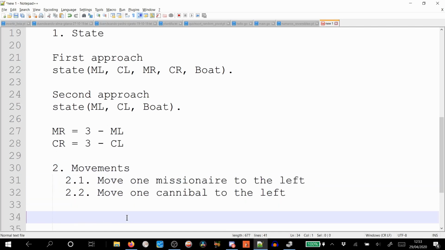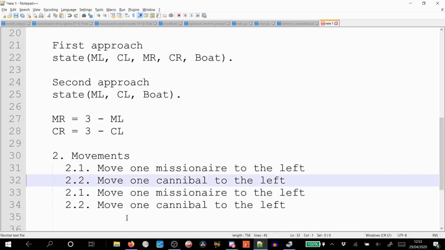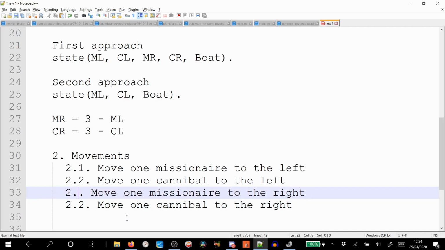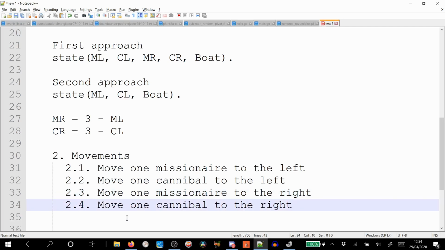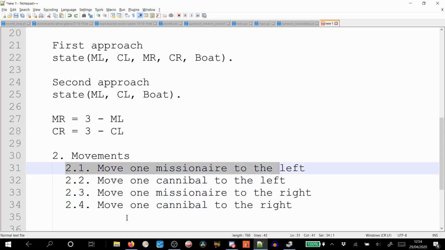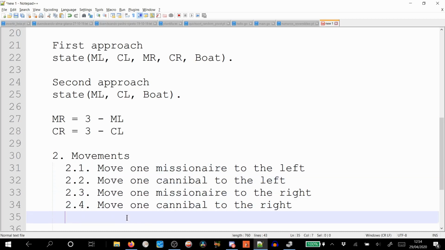No, it will be another movement. Move one missionaire to the right, and so on, no? And the same with 1, 2, 2, 3, and 4, and move 2. I can do, okay, let's go, 2 missionaire to the left, 2 missionaire to the right, and 1 to 1.